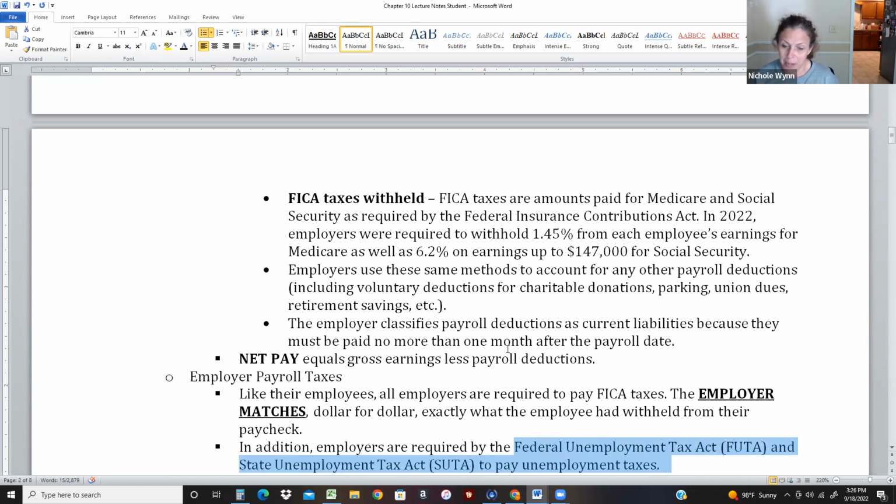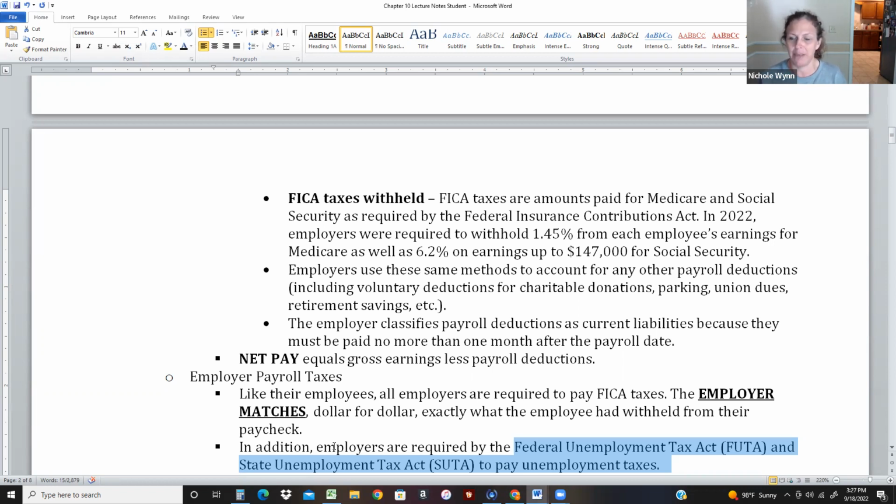So the employers pay FUTA and SUTA on each one of their employees until they hit, I think it's like 7,000 every year. So I think it's 0.008 for FUTA. And this goes to cover unemployment. So unemployment is something that if you are fired or laid off or those types of scenarios, you could potentially draw unemployment. So the FUTA money goes for the administration of the program.